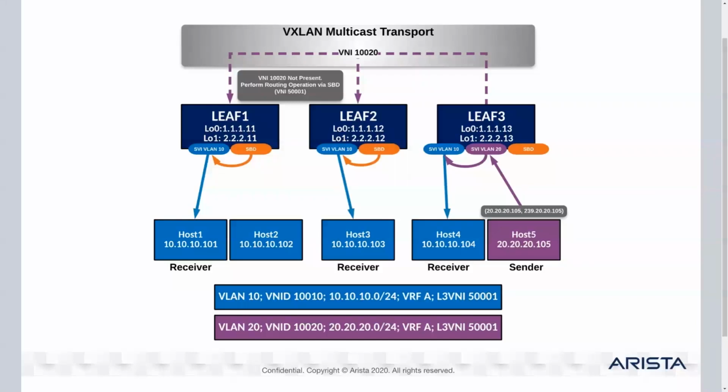We want to make sure that that feed, after it's received across the overlay, VxLAN encapped and decapped at the egress VTEP, has headers and TTL that remain unchanged as they were when they left the original sender, in this case, host 5.